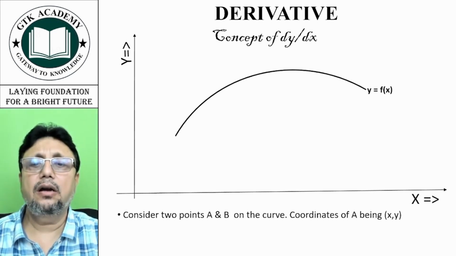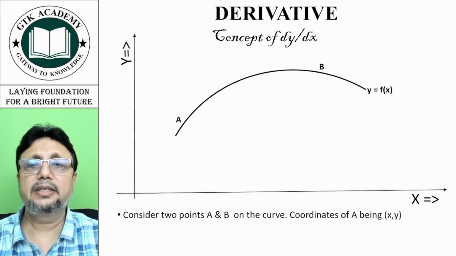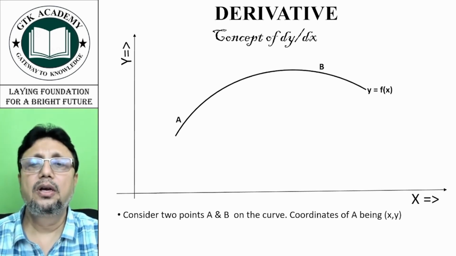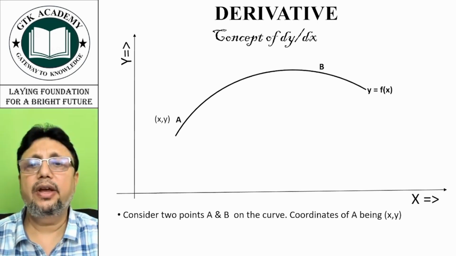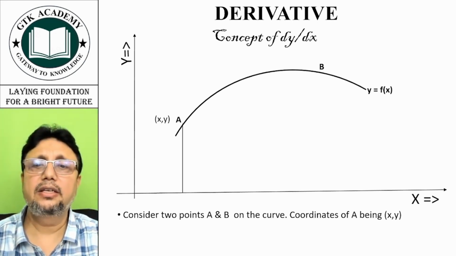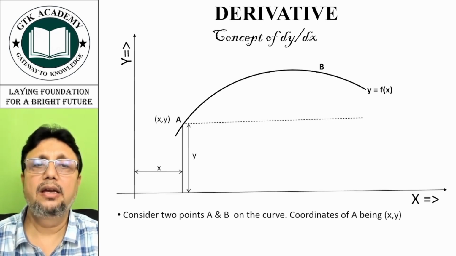You take 2 points on this curve, A and B, which are very close. Only I have depicted just to show you. Say the coordinates of A are x and y, that is, this is x and this one is y.